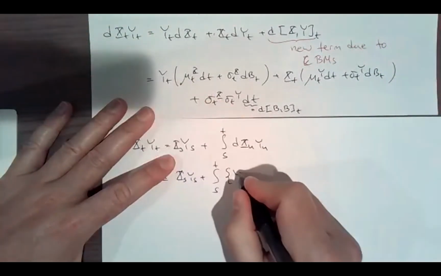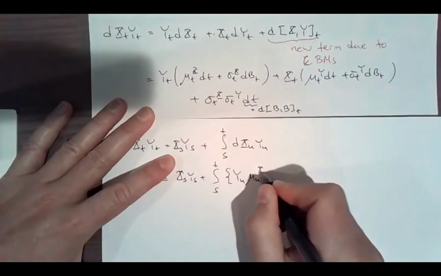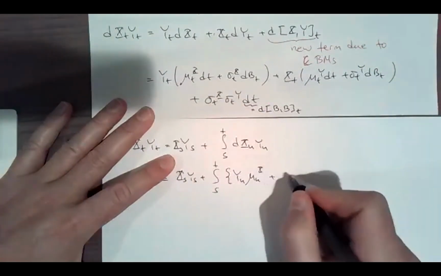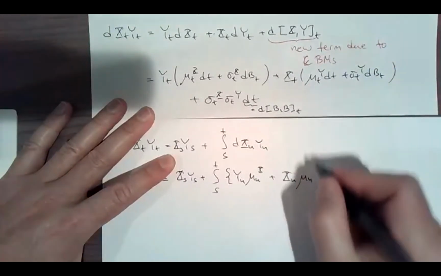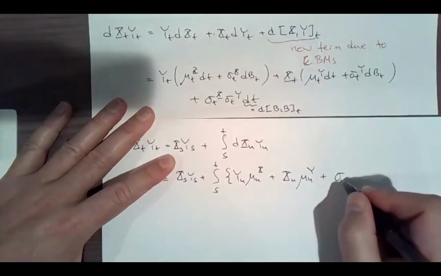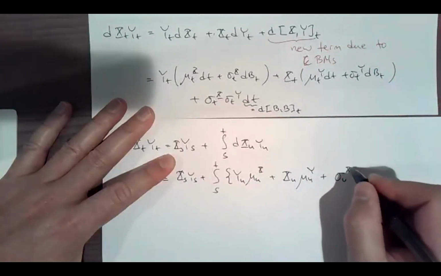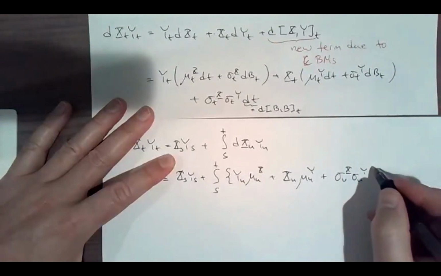So I'll have Y_u mu_u^X plus X_u mu_u^Y plus sigma_u^X sigma_u^Y.